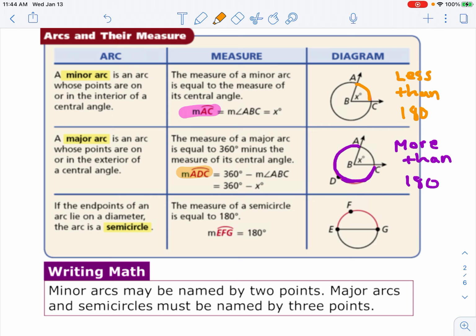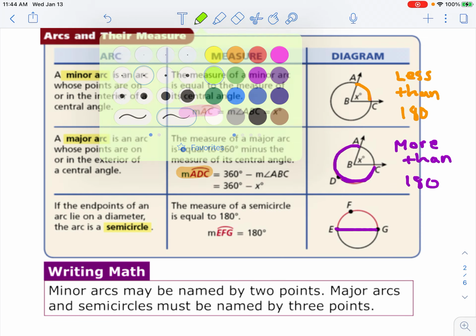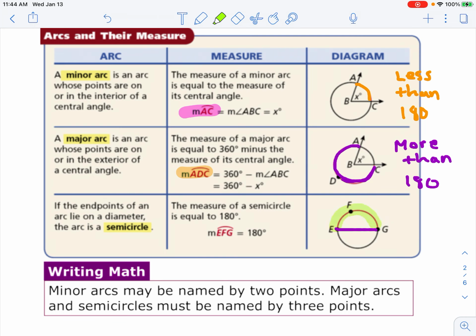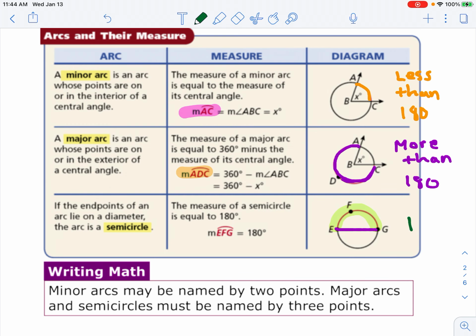A semicircle is what happens when the circle gets cut in half. Like we said on the last page, if the circle gets cut in half and we are just looking at half of the circle, we know if the whole thing is 360, that half of it has to equal 180. So a semicircle equals 180. It's half of the circle.